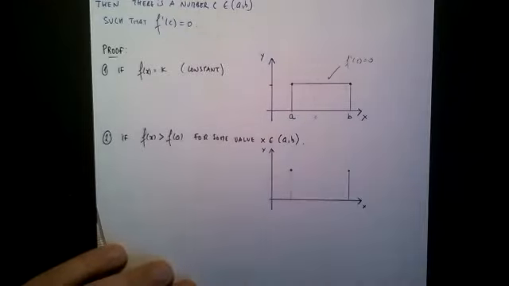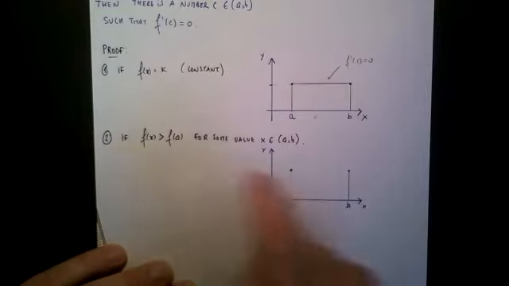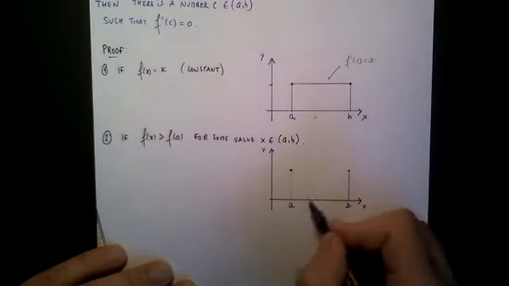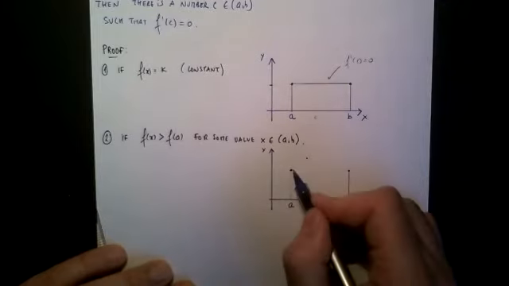This is a to b. My hypothesis tells me that I have a certain value x where the function is worth more than f of a. It's bigger.